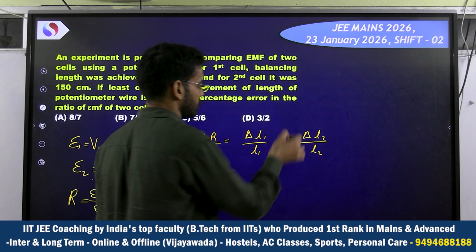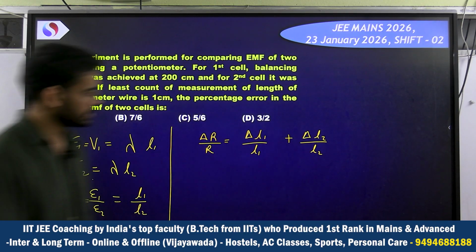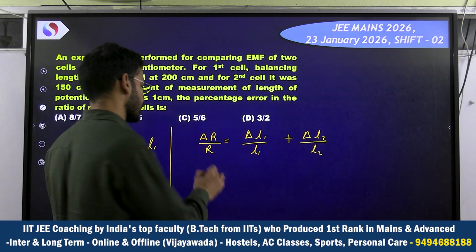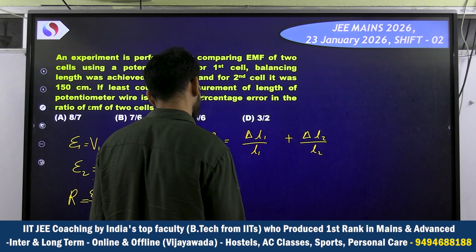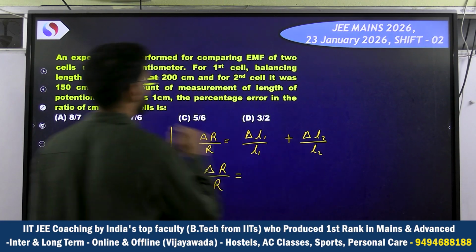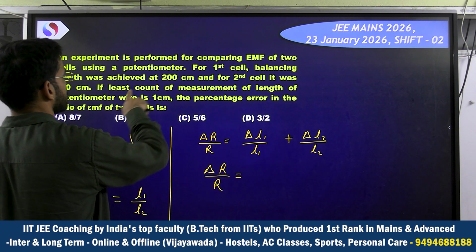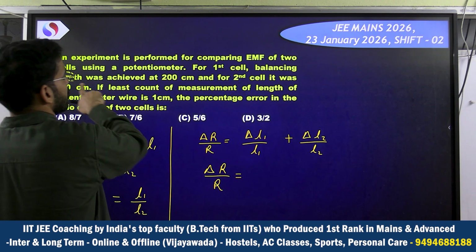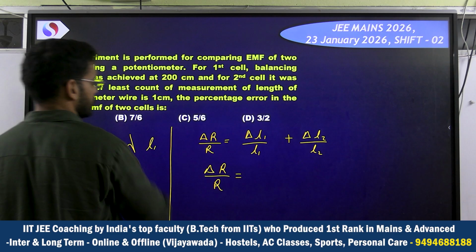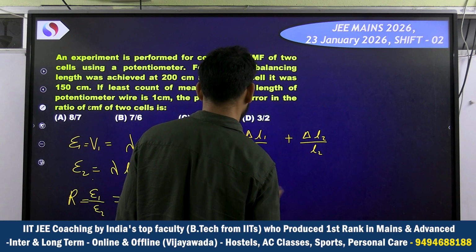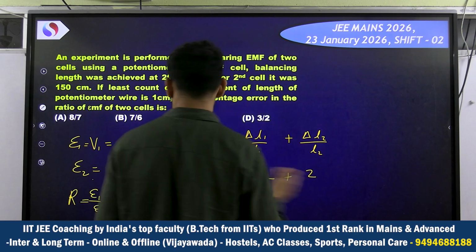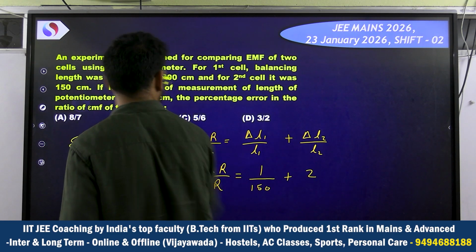But because we are dealing with error, plus will come. When you differentiate ln, minus comes, but if you are dealing with error, then plus will come. Remember this R is not resistance, this is the ratio. So delta L is the least count, 1 centimeter, and the lengths are 200 and 150. So this is 1 upon 150 plus 1 divided by 200.